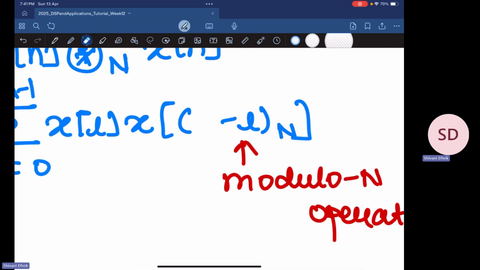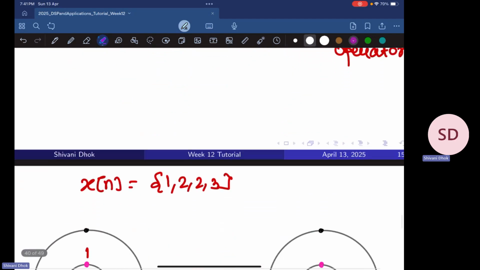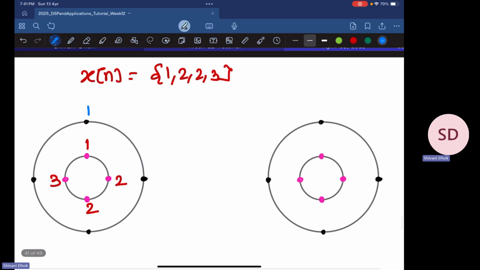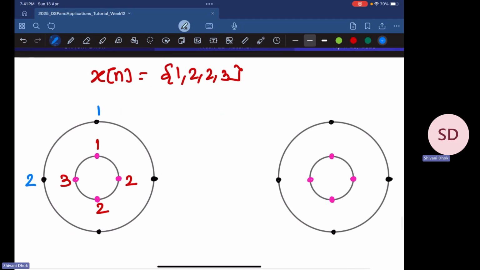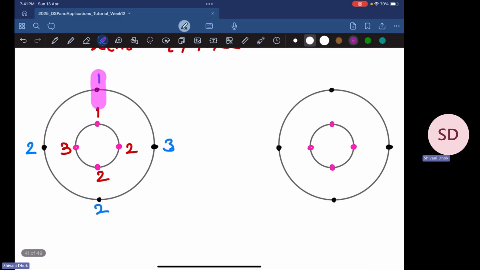This is not capital N, this is little n. Yeah, so if my n is equal to 0, I have a flipped 1. So then I'll have 1, 2, 2, 3 as it is. Now what we need to do? We need to multiply these point by point, which are the nearest one, like this, and add them.